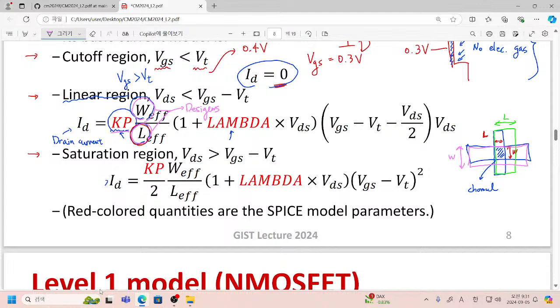You know KP, you know width and length, and one is just a number, and lambda is given, once again, from our fabrication process. And VDS, yes, this is a voltage, defined as the difference between drain voltage and source voltage. This is typically called the drain to source voltage, meaning that source is the reference and the measured quantity is the drain.